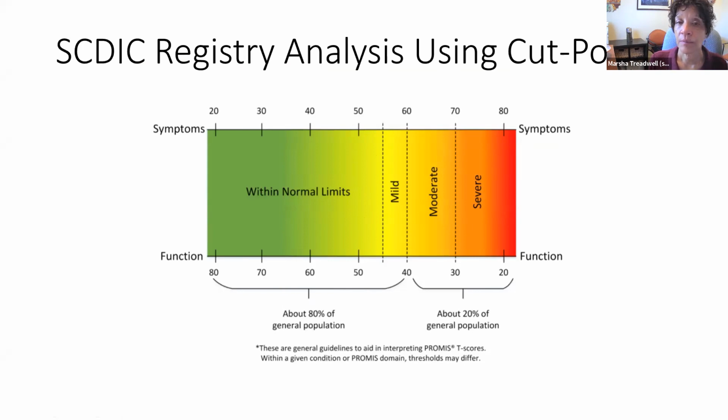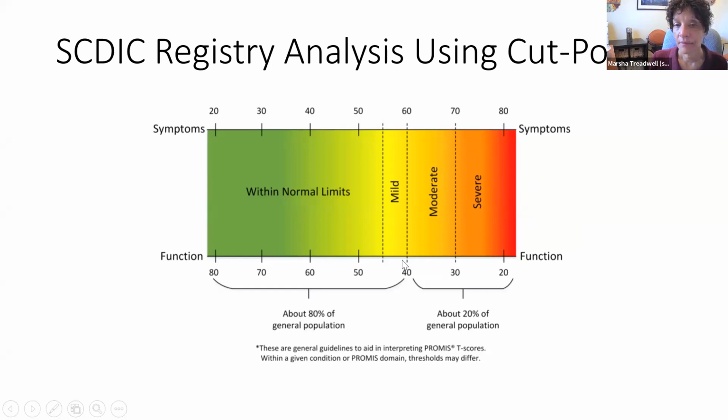If your score is between about 55 and 60, you are considered to have mild symptoms. One standard deviation above, 60 to 70, is moderate symptoms, and 2 standard deviations is severe symptoms. This applies to such things as emotional distress or pain.